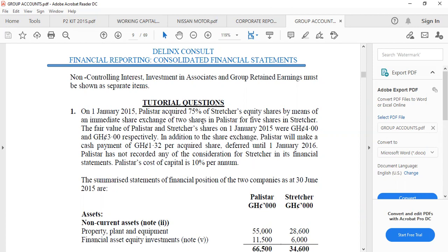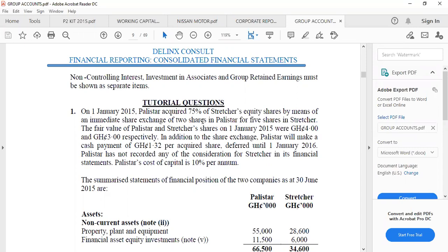And their shares is 15 million. So how many 5 shares can they bring from the 15 million? How are we going to do that? Bring 5 of your old shares and take 2.